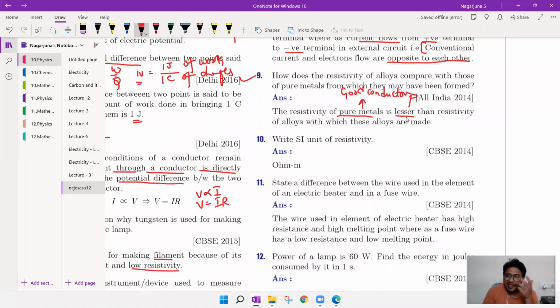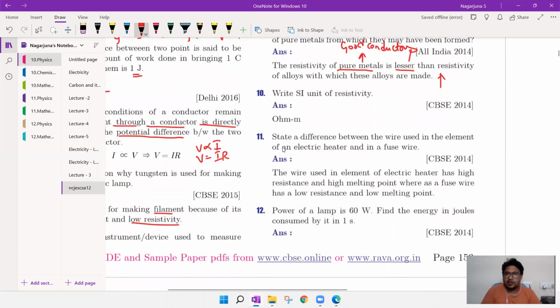Why? Because they have very least resistivity. So if they ask how resistivity of alloys compares with pure metals, resistivity of pure metals is lesser than resistivity of alloys. Alloys will have high resistivity.